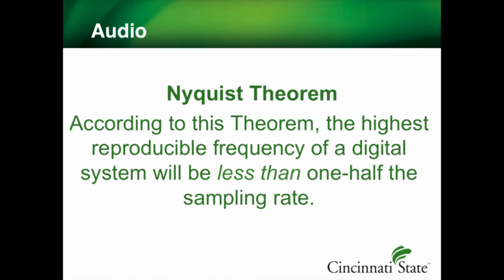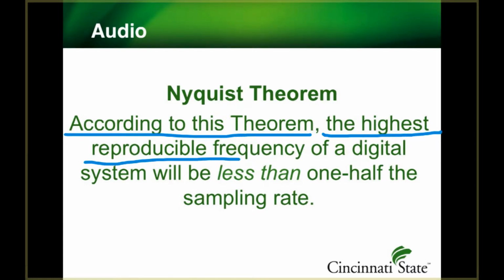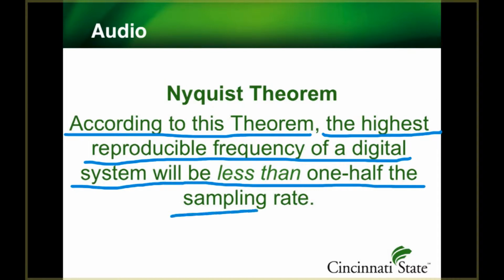All right, there's a lot of complicated math and things that go into the Nyquist theorem, but the real simple way to look at it is that according to this theorem, the highest reproducible frequency of a digital system will be less than 1/2 the sampling rate. The highest frequency will be less than 1/2 the sampling rate.